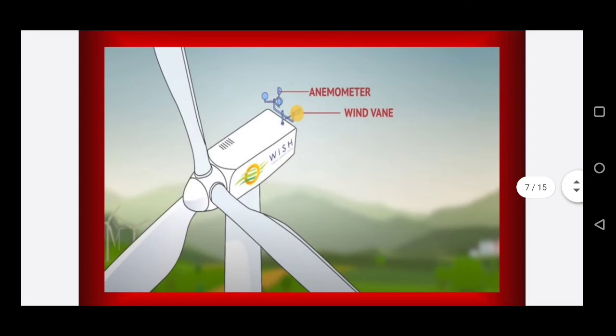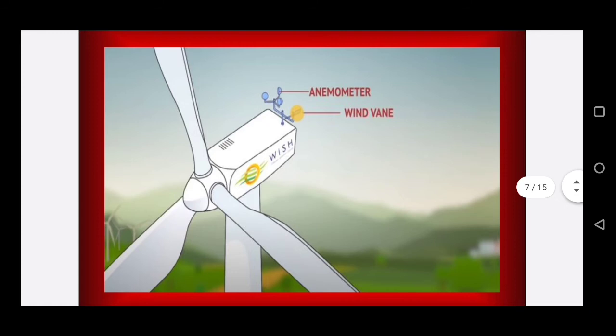The function of the wind vane is to measure the wind direction. So it has a major role. The wind vane rotates the turbine to the wind direction. Hence, the blades receive maximum wind and energy.